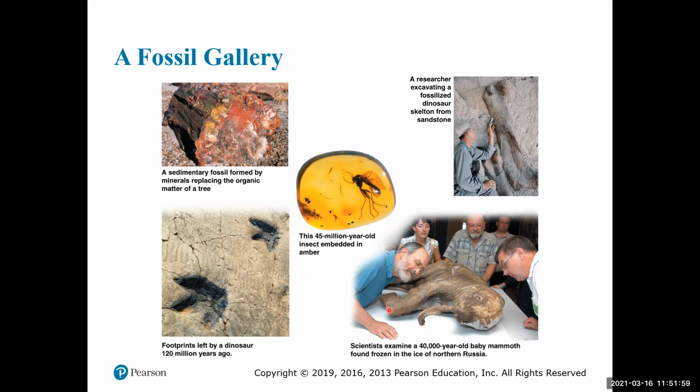For example, here is a baby mammoth that was found in northern Russia, and this baby mammoth is 40,000 years old, and it's essentially been frozen and kept in pretty good condition for 40,000 years, which is a pretty astounding find.